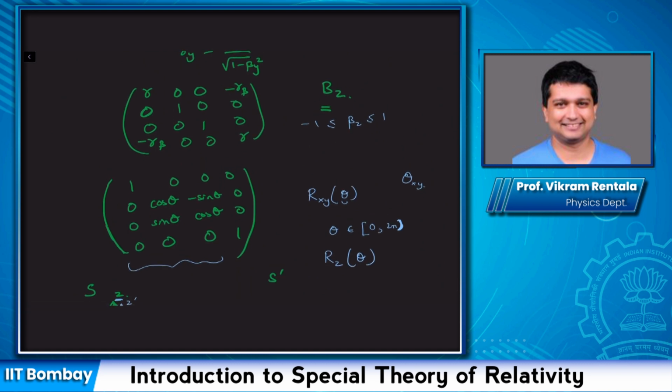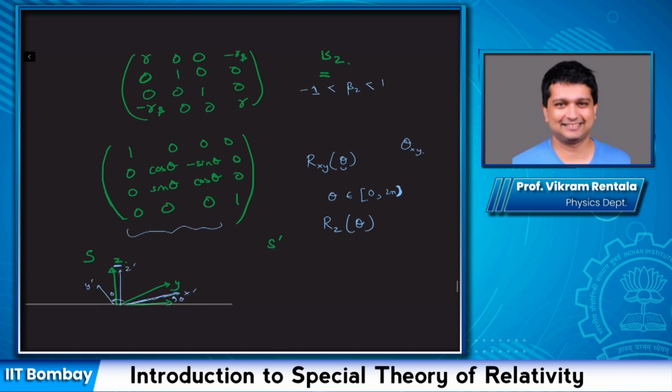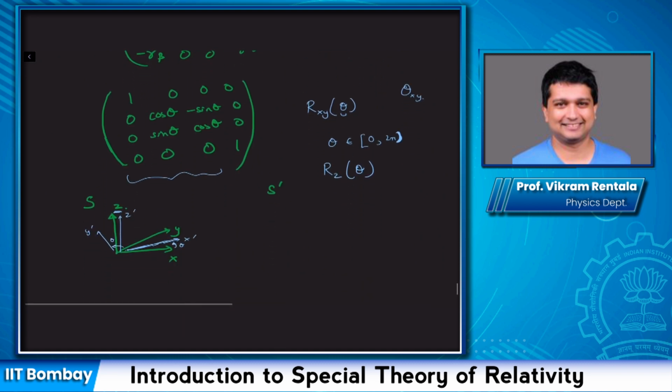Strictly speaking, this is an inequality, not an equality, because you cannot have a well-defined transformation to a frame which is moving at the speed of light. So you need to be traveling at a speed less than the speed of light.